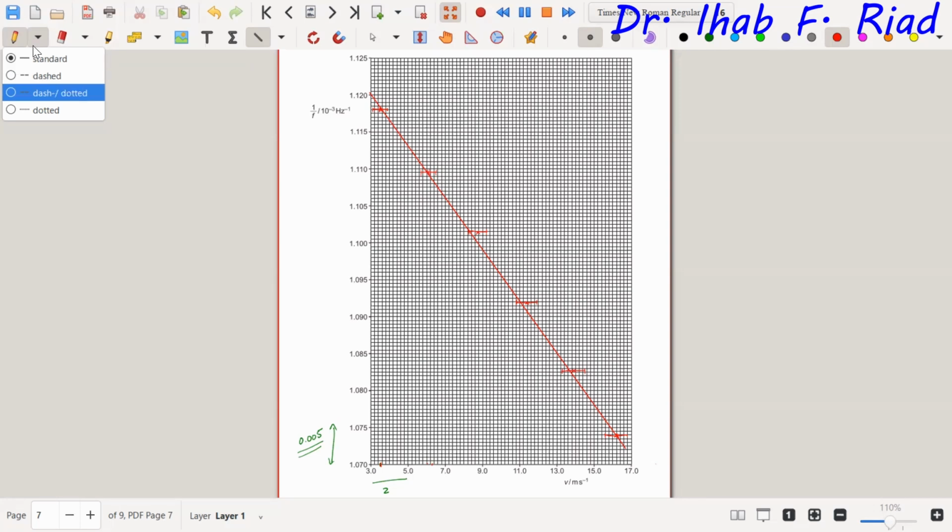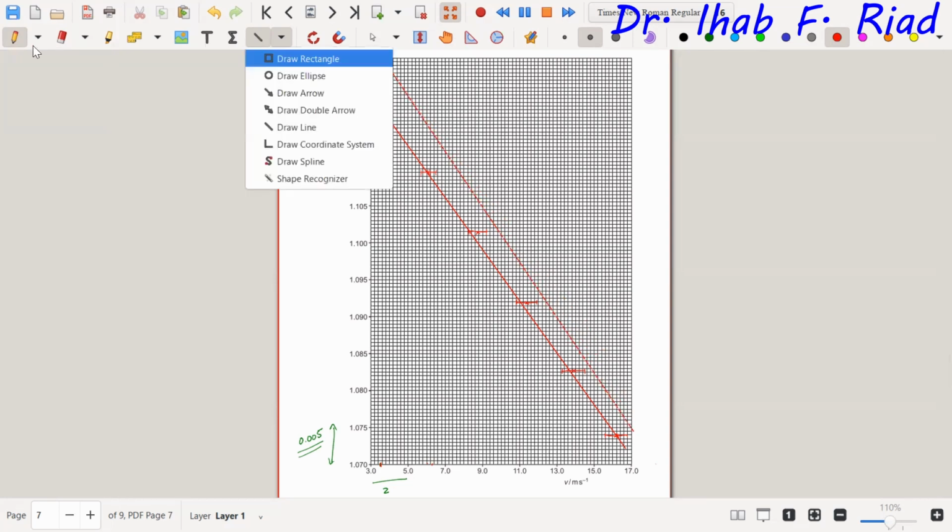What is the next step? We make the worst fit line. Yes. Maybe we can do it as a dashed line, right? Yes, to make it easier for us to differentiate.